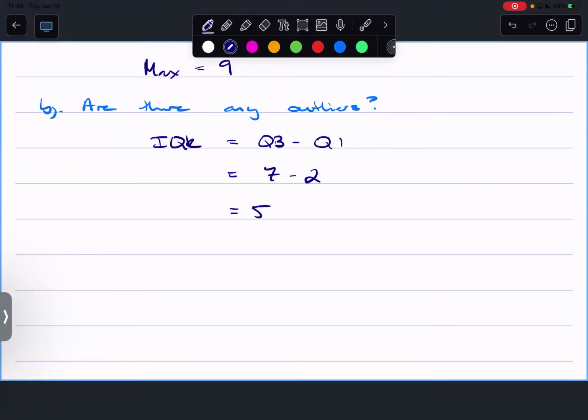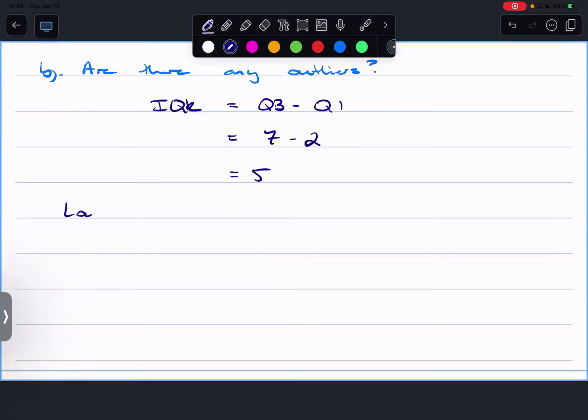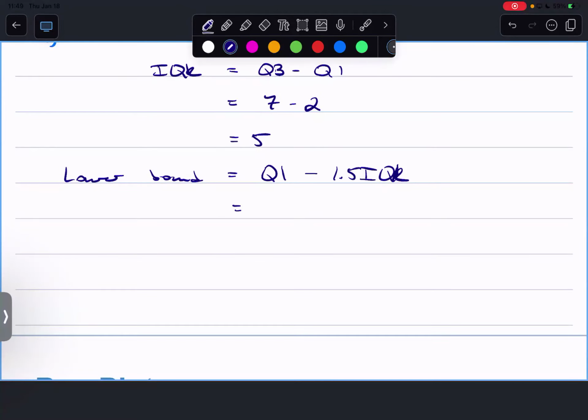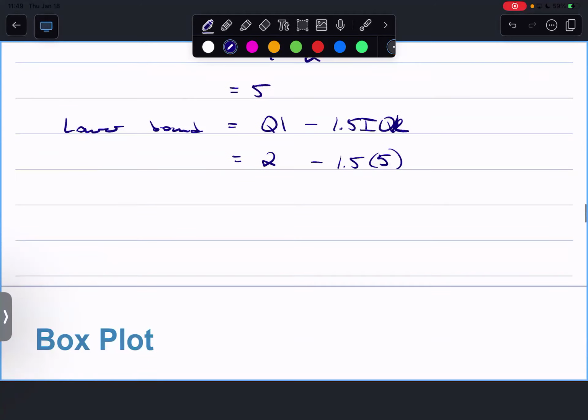And then to find if there are any outliers, what am I going to do? I'm going to find the lower bound and then the upper bound. So the lower bound is Q1 minus 1.5 times the interquartile range. Q1 is 2 minus 1.5 times 5. 1.5 times 5 is 7.5.